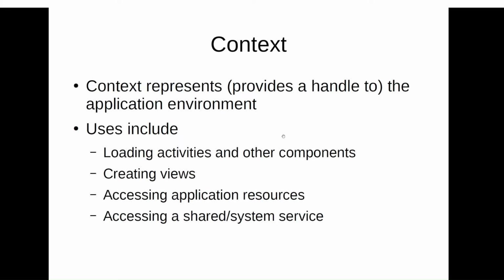So context objects are used to do things like load activities or other top-level components. We, of course, have seen where context objects are used to create views at runtime. Context also allows us to access application resources or shared or system resources such as storage. So context is a very powerful and useful object.